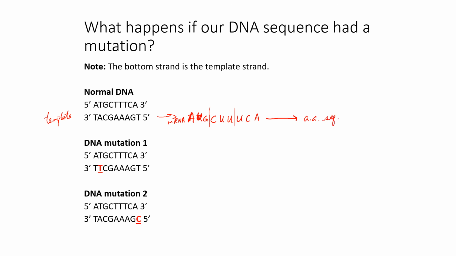All right. Now, if this gets changed, if there's a mutation here, and our adenine is now thymine in the template strand, the resulting mRNA sequence will be AAG, CUU, and UCA.